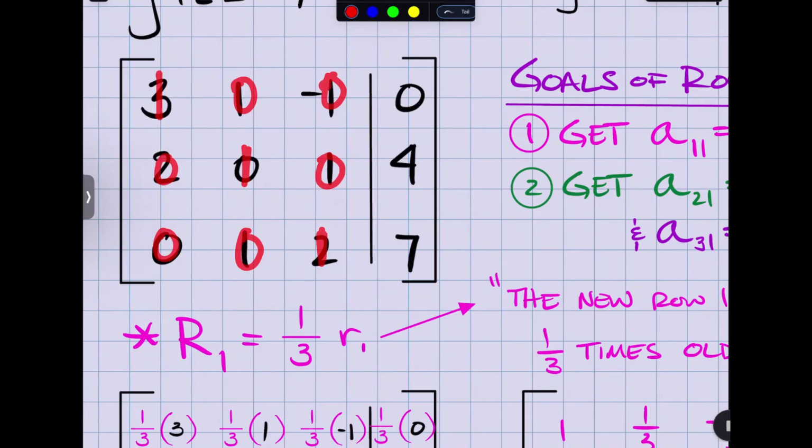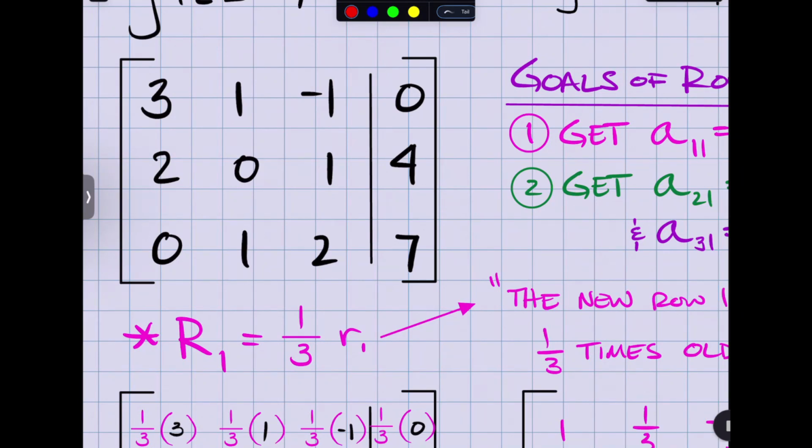Everything else is 0s. Got it? And then whatever is the result here, this would be my x, this would be my y, this would be my z. Okay? So that is the difference between row echelon form versus reduced row echelon form.